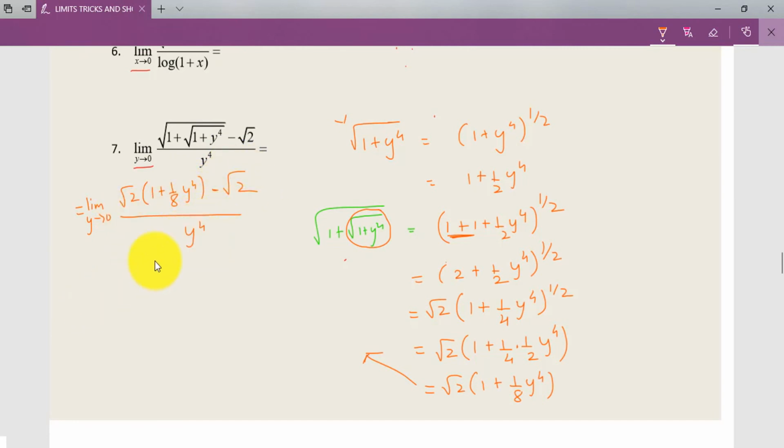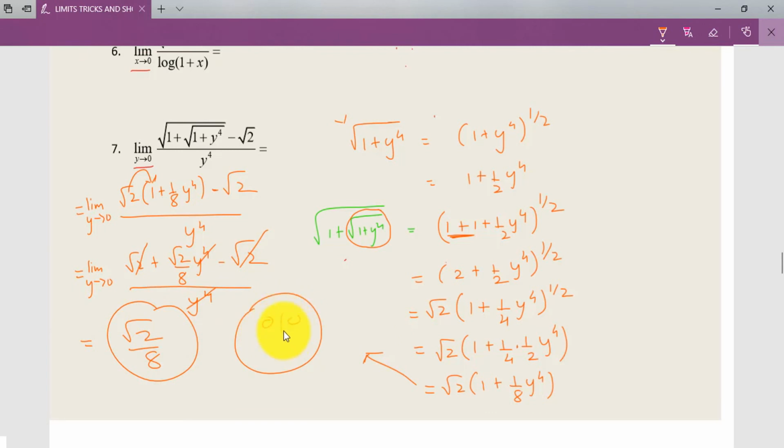Now when I multiply this out, this is again the limit of y tending to 0 of square root of 2 plus square root of 2 by 8 y power 4, minus square root of 2, the whole divided by y power 4. Now the square root of 2 terms get cancelled, and the y power 4 gets cancelled, and you have square root of 2 divided by 8, which is your solution. Is it not that easy? Fine.